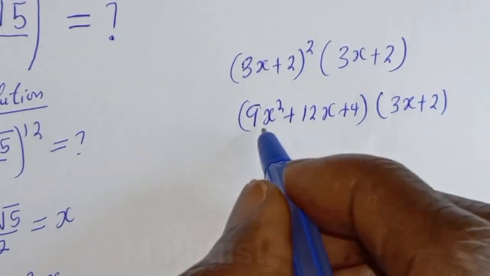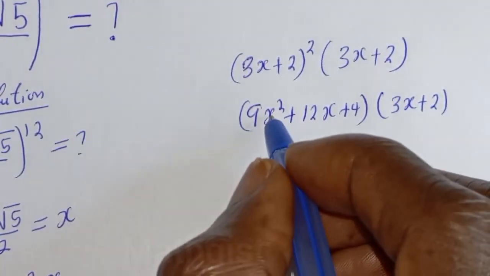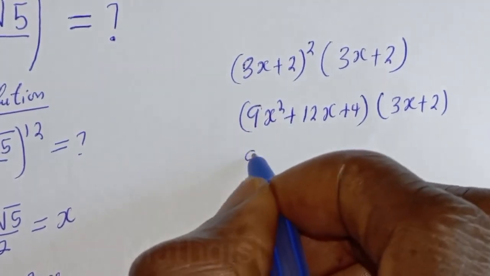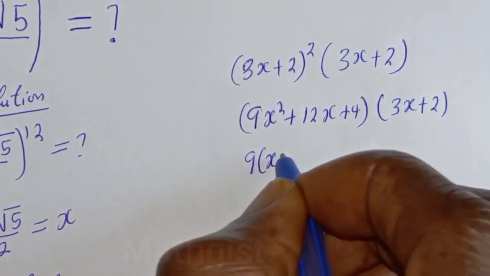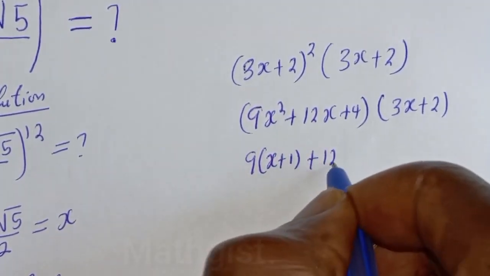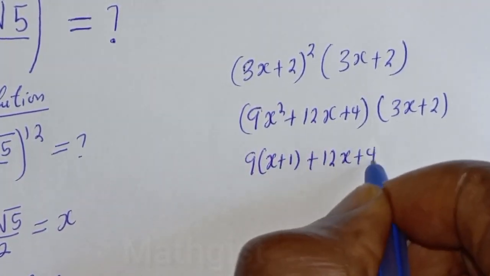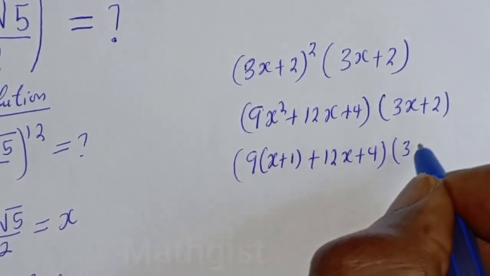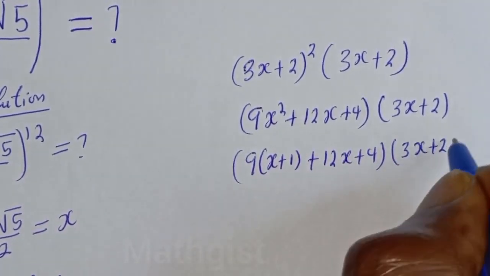Now let's see. x squared is x plus 1. This is 9 bracket x plus 1 plus 12x plus 4, multiplied by 3x plus 2.